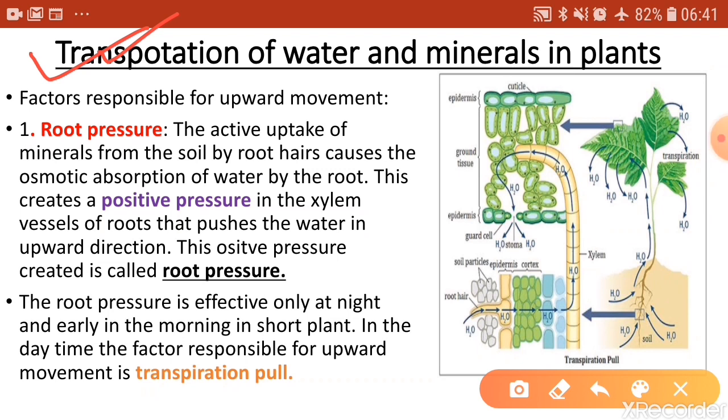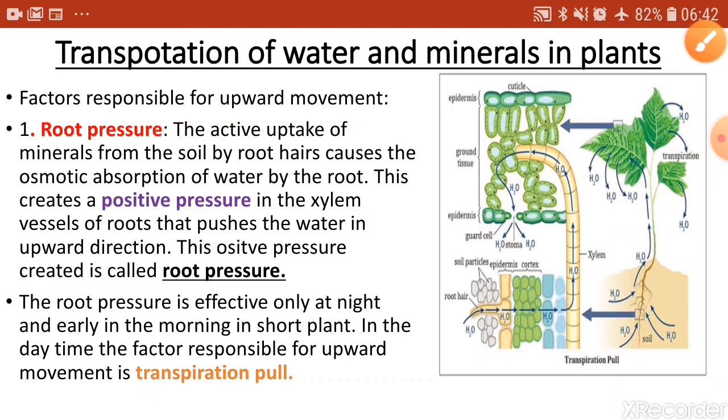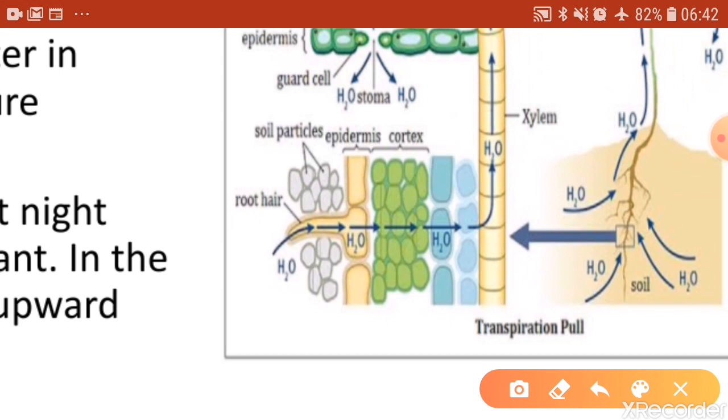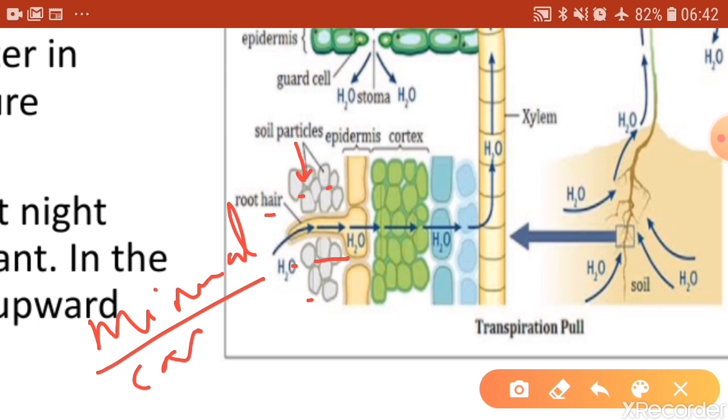Before we discuss the factors that are responsible for this upward movement, let us just have a look at the diagram that is shown over here. Just now I have told you that the soil particles have water and minerals, right? So the minerals that are present between the soil particles will be taken up by active transportation by the roots.